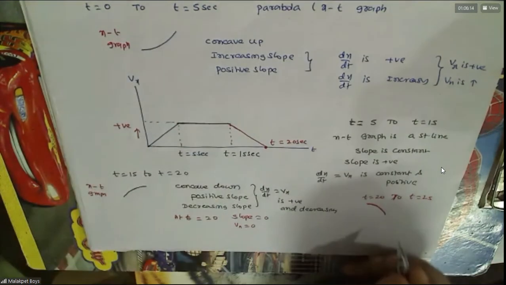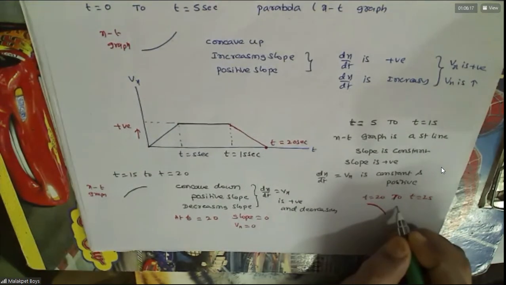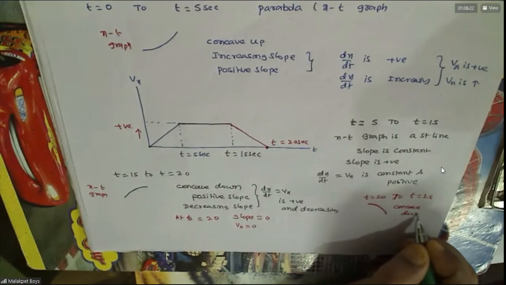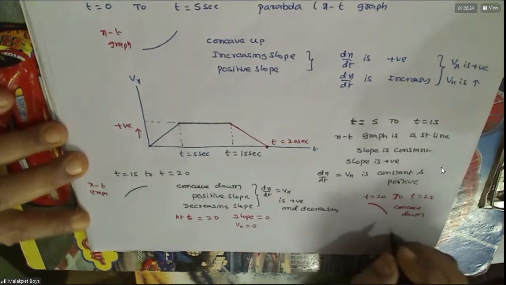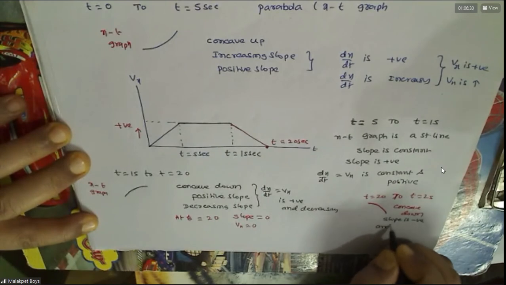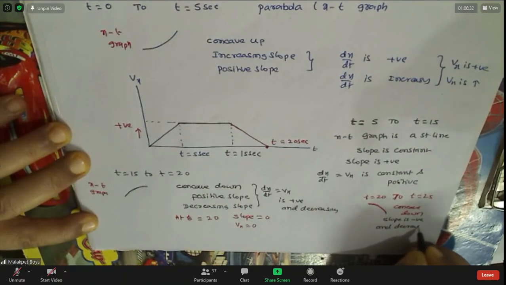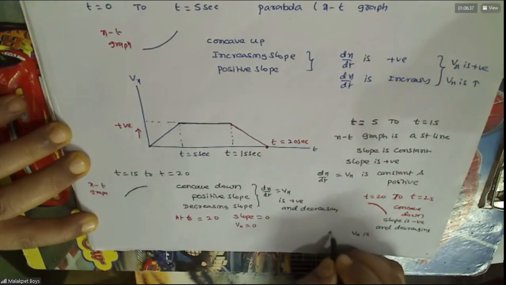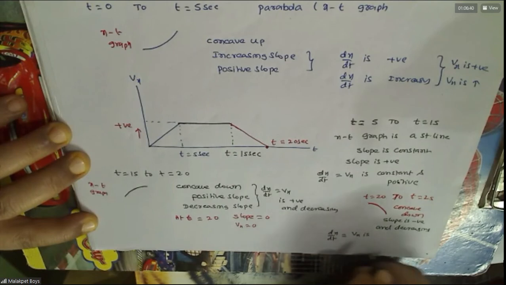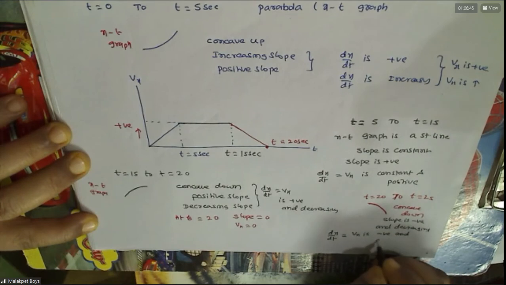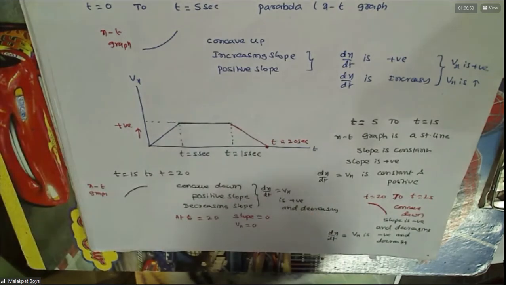Now if you observe this, the graph is concave down only, and you can see the slope is negative and decreasing. That means Vx, since slope is dx by dt, is negative and decreasing. Do you agree with this or not?